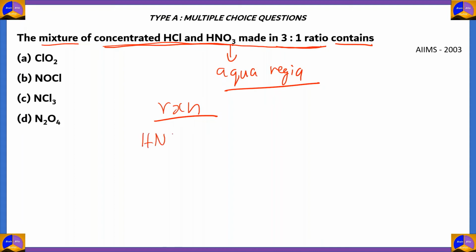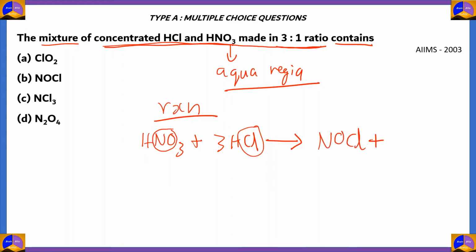So that means HNO3 plus 3HCl. In this case, 1 N and 1 O react with 1 Cl to form NOCl, and then the other 2 oxygens combine with the 4 hydrogens present to form 2H2O, and the remaining chlorines stay as they are, nascent chlorine.